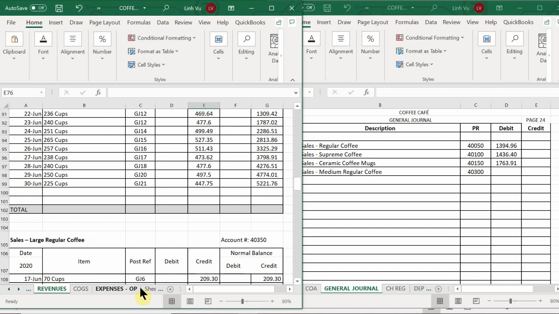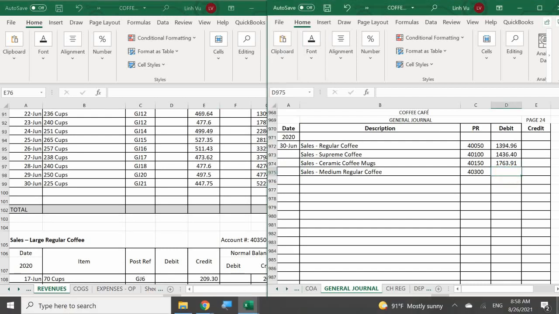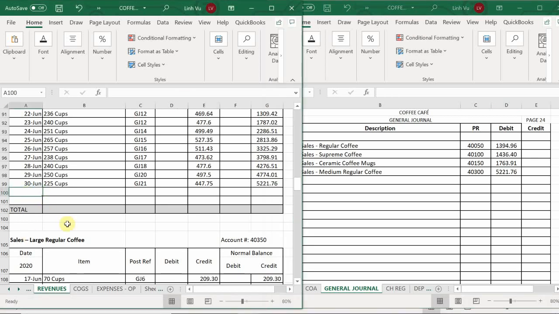Okay, 5221.76, which should then bring your account balance to 0.